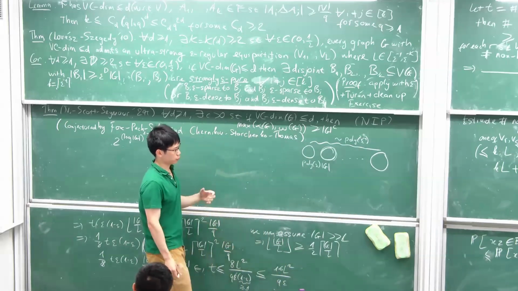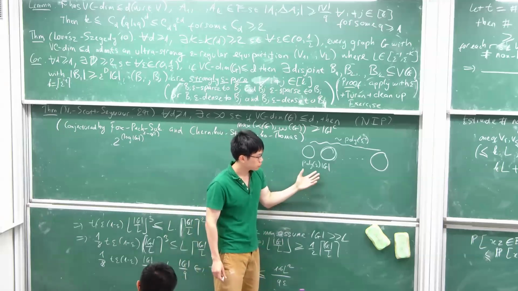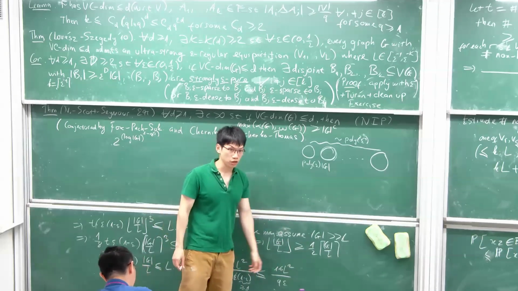In other words, you get a smaller auxiliary graph, also with bounded VC dimension, and then it is very natural to apply induction.